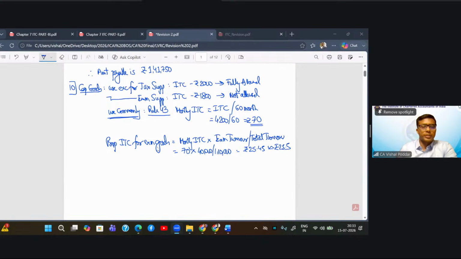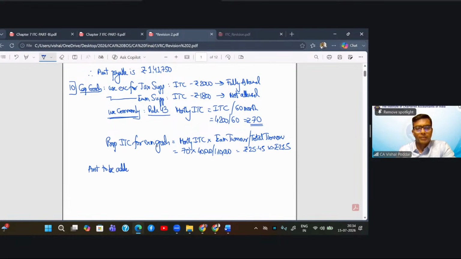So students, amount to be added to output liability will be rupees 25.5. So you have firstly availed this entire 2000. This 1800 you have anyways not availed.